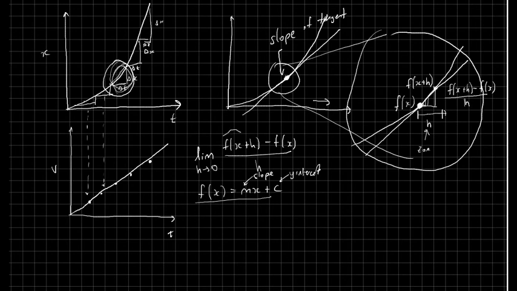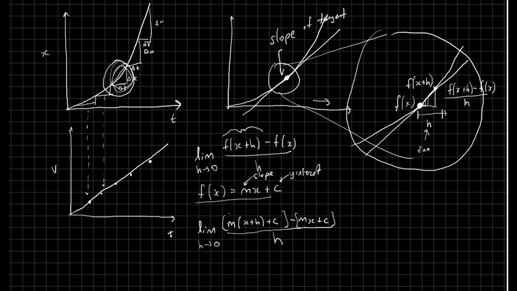For f of x plus h, we replace x with x plus h. So we have the limit as h tends towards 0 of m times x plus h, plus c, minus f of x, which is just mx plus c, and we divide that by h.